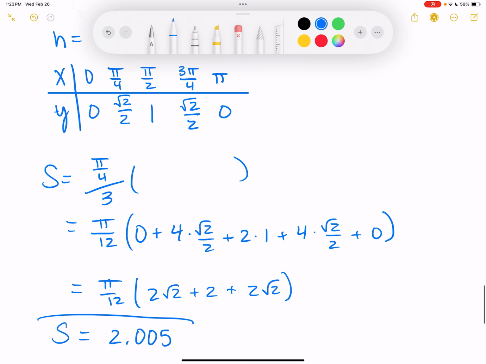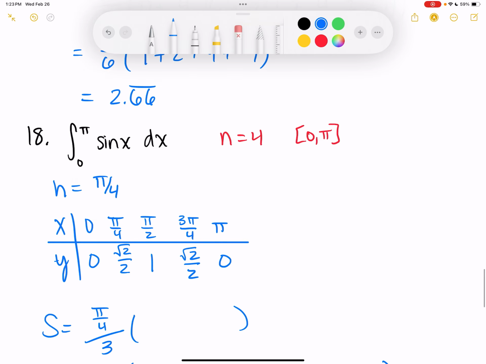Now, just to see if I actually did this integral right, what's the antiderivative of sine? Cosine. Wait, what's the derivative of cosine? Negative sine. So it would need to be negative cosine, evaluated from 0 to pi. So what is the cosine of pi?